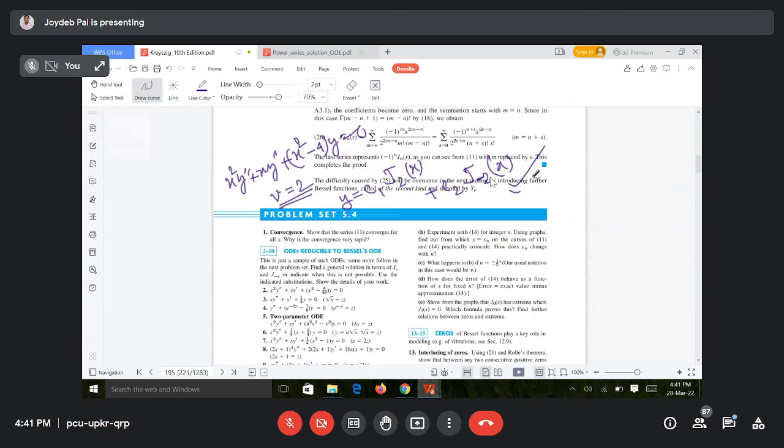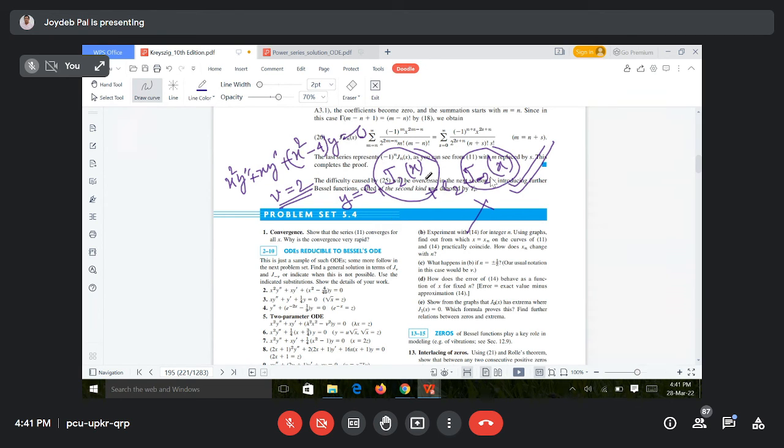Will it be a general solution? No, sir, because J2 and J minus 2 are dependent. So this cannot be the general solution.